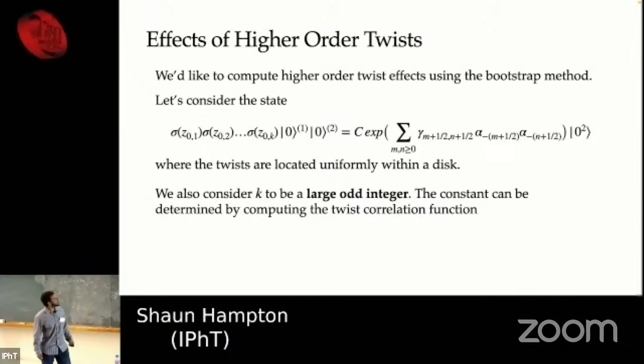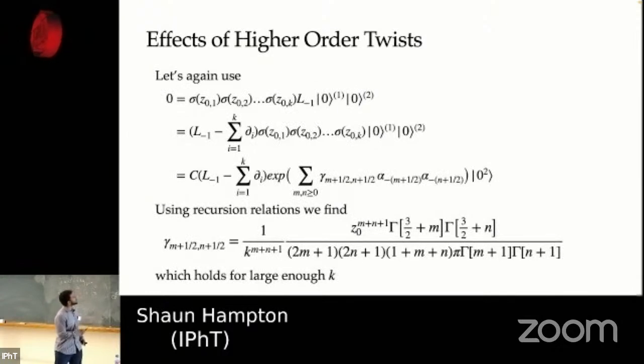But consider I have K twist operators, and let's take an odd number of them. So I start off with 2 singly wound strings. I can join them, I can split them, I can join them, I can split them. So we want to end up in a doubly wound state, and we want to consider K to be large.